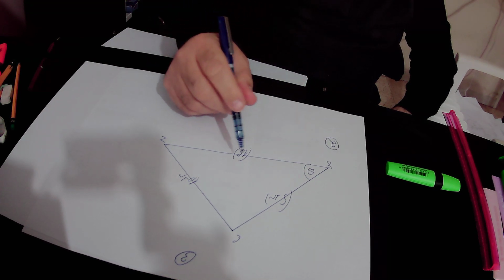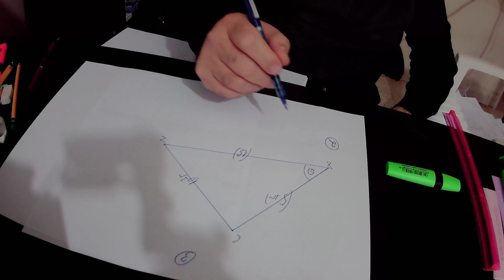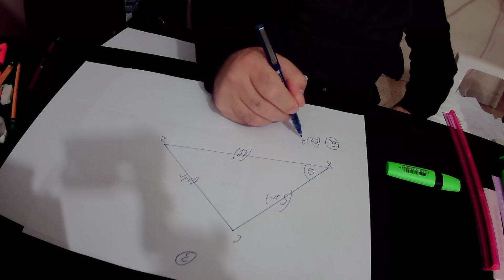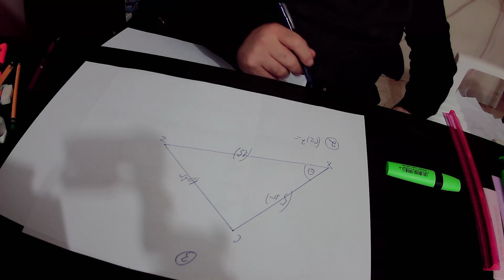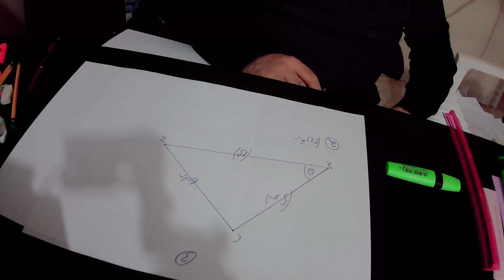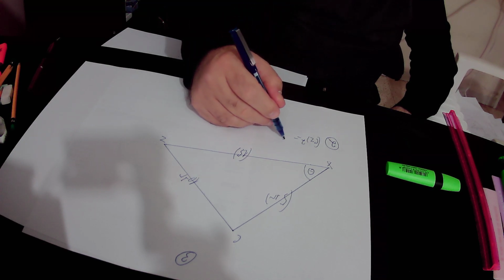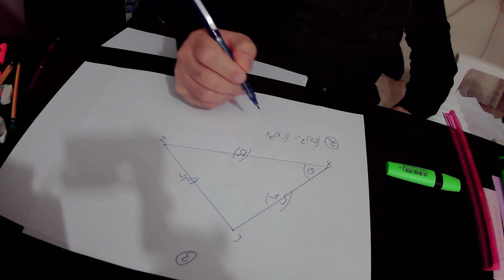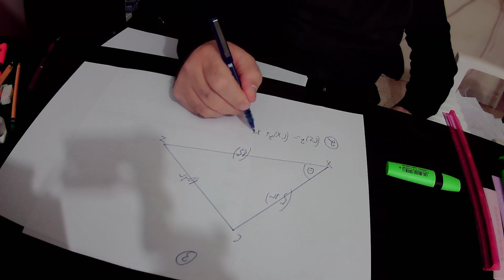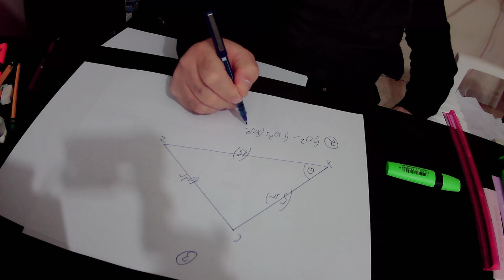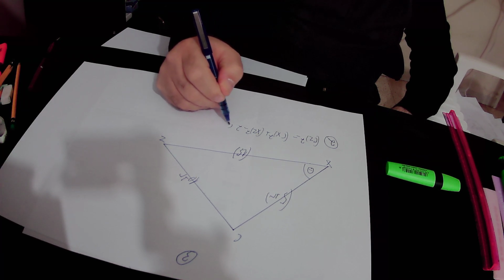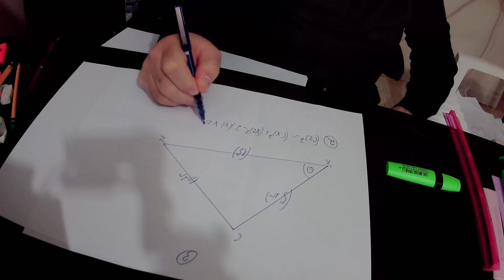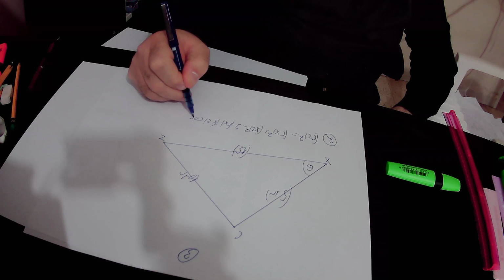We get that CZ squared equals CX squared plus XZ squared minus 2 times CX times XZ times cosine theta.